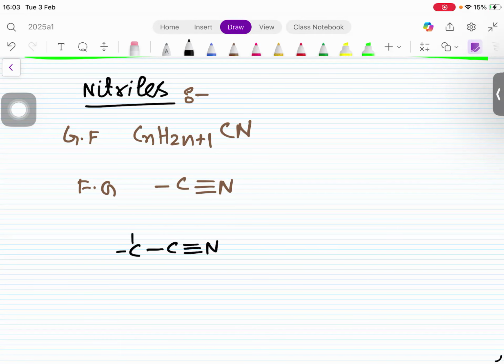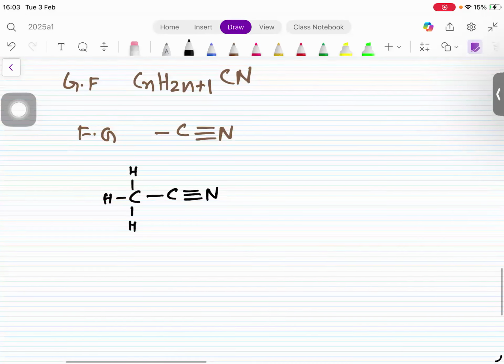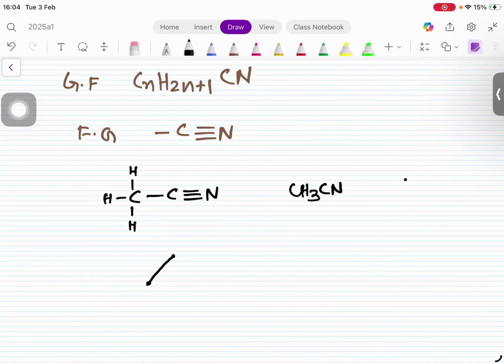So the first member is this, CH3CN. And if I write it in the skeletal form, look, there are two carbons here, and this carbon also contains a triple bond like this.